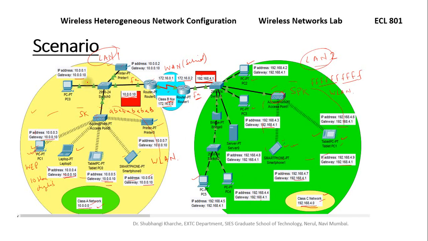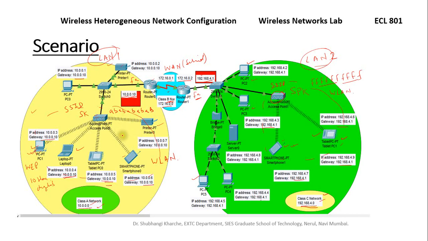After configuring the IP addresses as shown here, you will be setting the SSID on the access point as SK on the first access point. You will be setting the SSID on the second access point as SPK, or you may take some other names also.